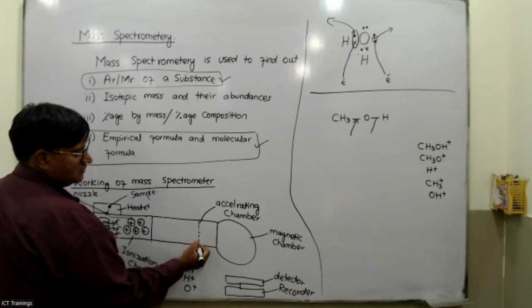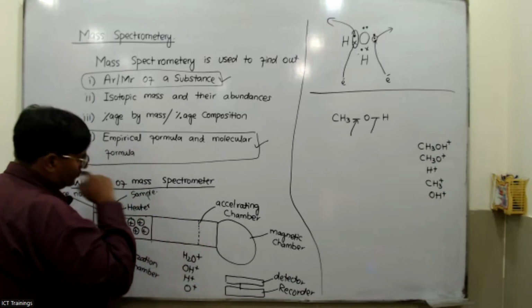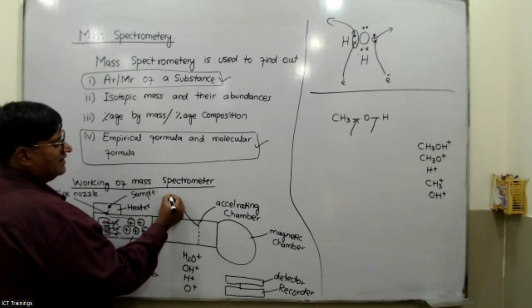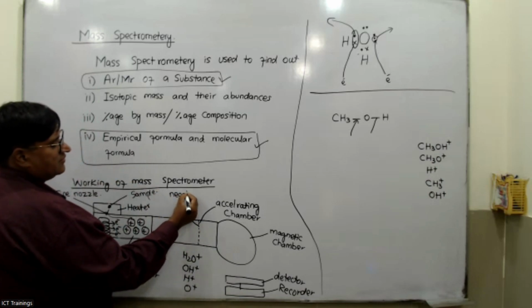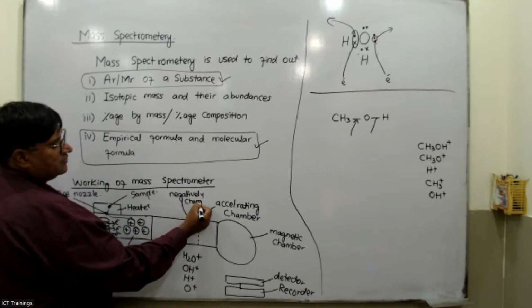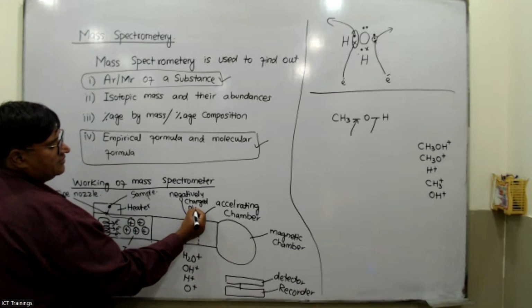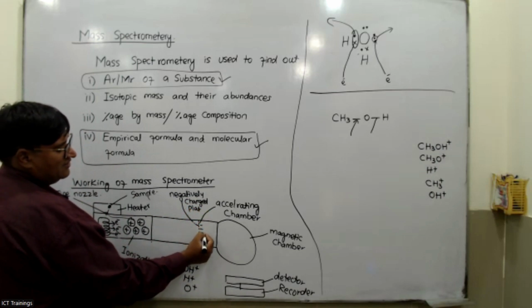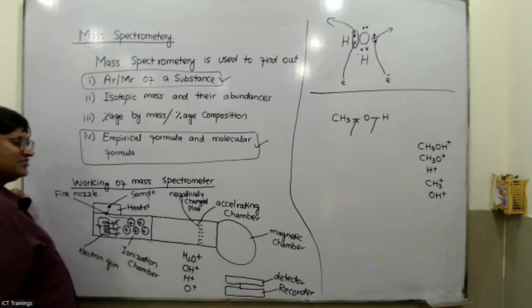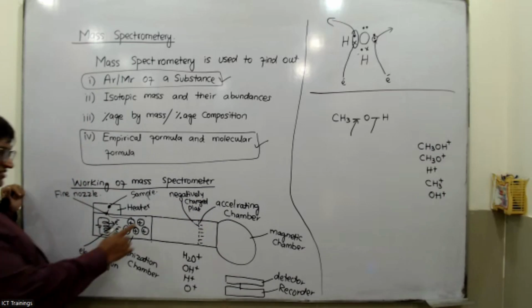Now what would happen, guys? We got a plate up here. So this plate is actually a negatively charged plate. This is negatively charged and it has got holes inside it. So what does this plate do?